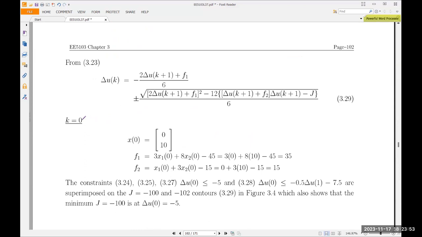For K equals to 0, initially the question says that x1 is y, so you are at 0. Because you are now 0 at this point in time.